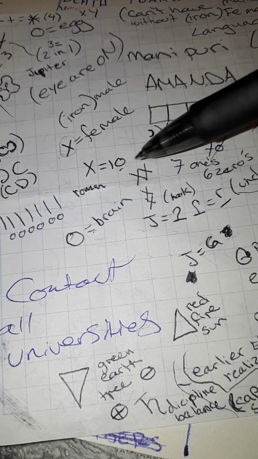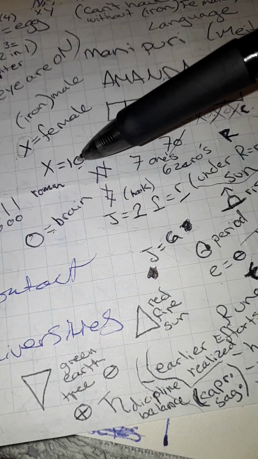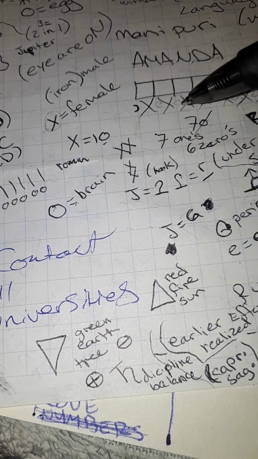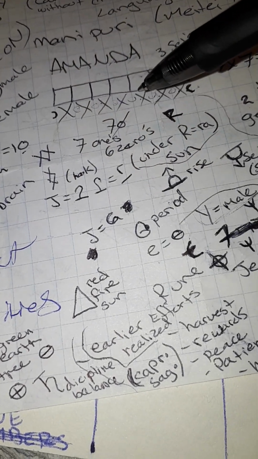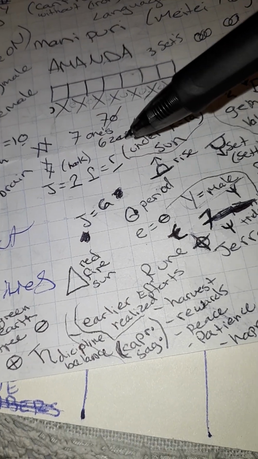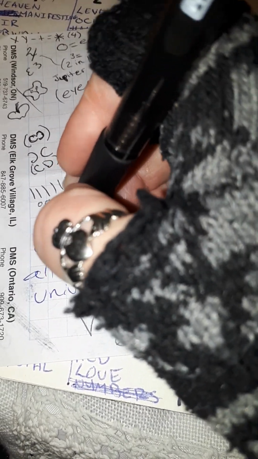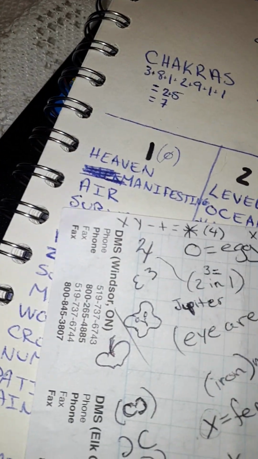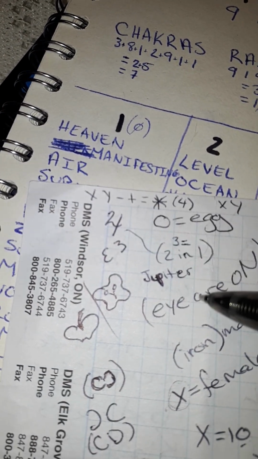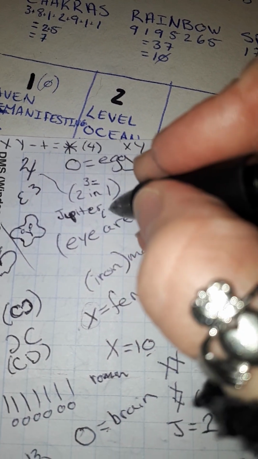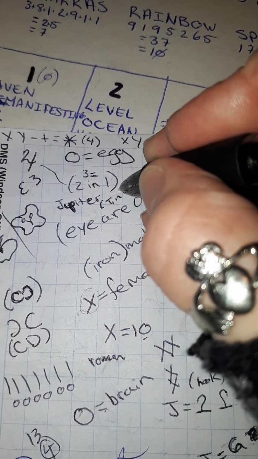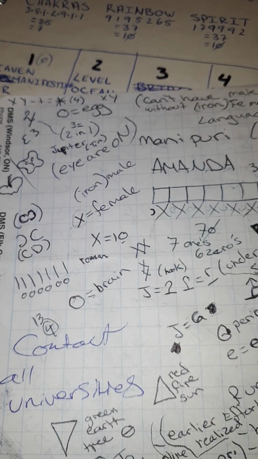Yeah, 7 ones. Okay, if that's a value for 1 and there's 7. And then 6 zeros. So that's 13 in total. 1 and 3 is 4. Which is also the symbol for Jupiter, which is also the symbol for tin. What's tin? Sn on the periodic table? I can't remember.